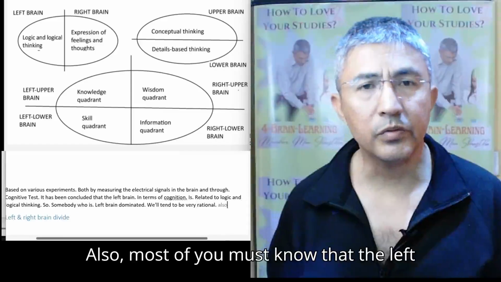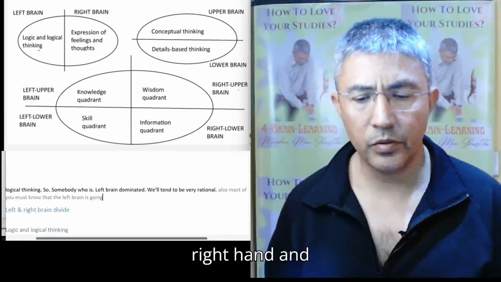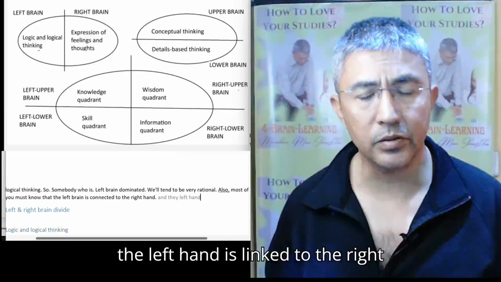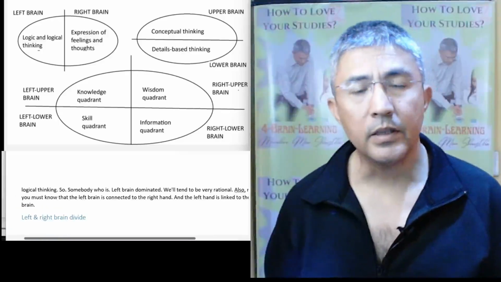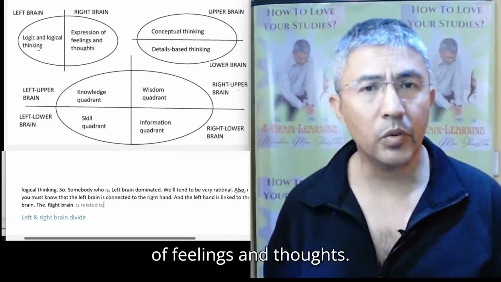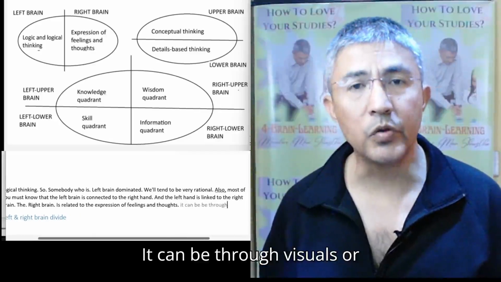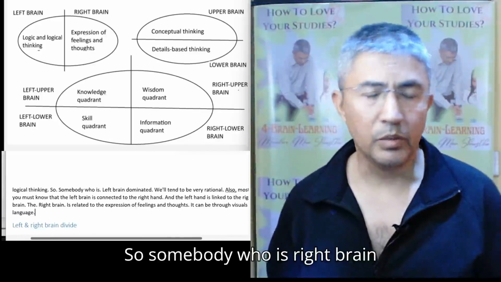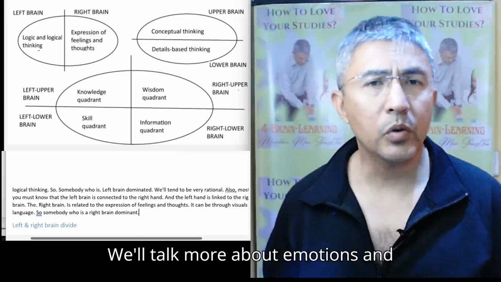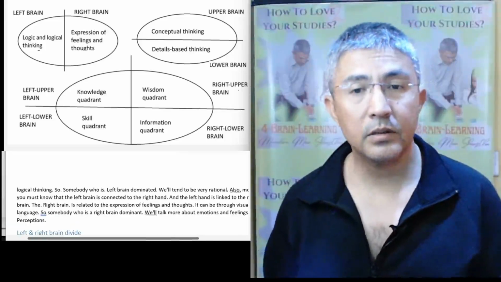Also, most of you must know that the left brain is connected to the right hand, and the left hand is linked to the right brain. The right brain is related to the expression of feelings and thoughts, can be through visuals or language. So somebody who is right brain dominant will talk more about emotions and feelings, perceptions, ideas, and so on.